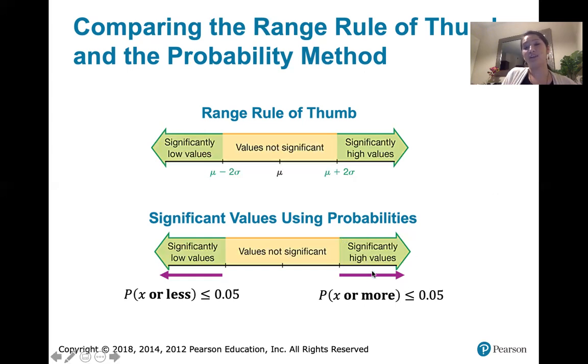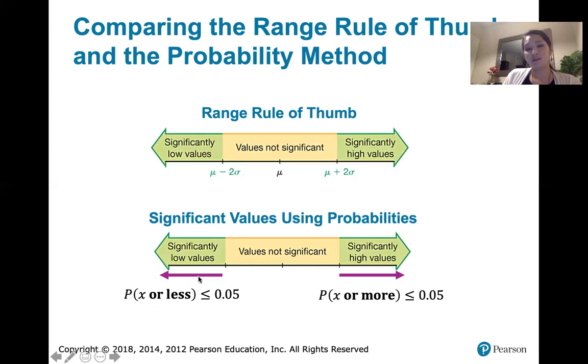So that's significantly high. Now, if we have a value on the low end, so you are looking at a particular number of successes and you're saying is that value significantly low, then you're saying, well, what is the probability of getting that value or some value that's less than that?